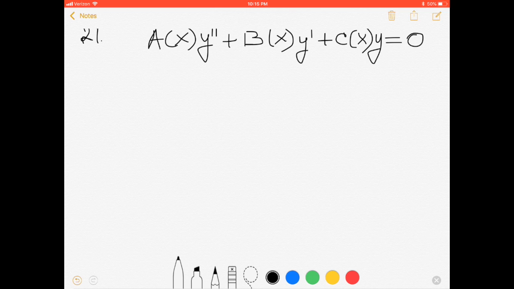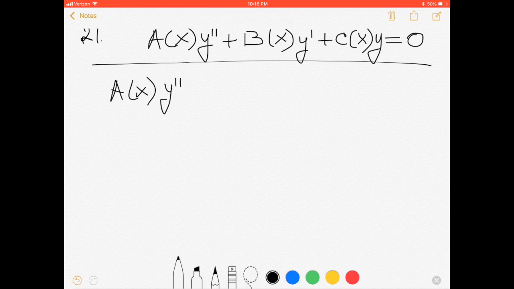Okay, let's say we have some linear equation. This equation is called a homogeneous equation. Okay, let's go. We have some linear differential equation.